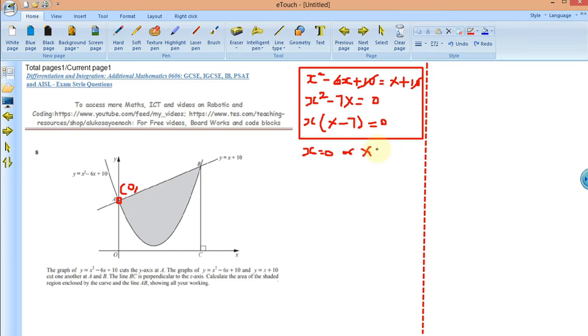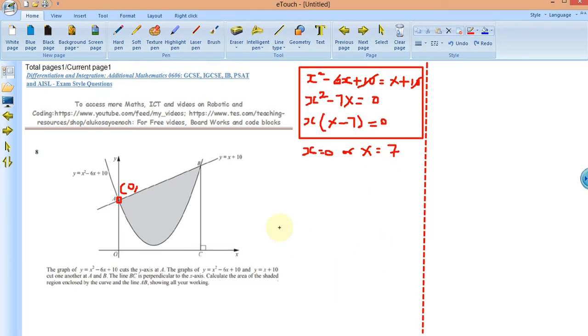So this is the second value that satisfies, x equals 7. If they ask us to do anything, I will go ahead and substitute, but I'm not sure I need to do this. So for now, I will just keep that. So we have the coordinates for A now.